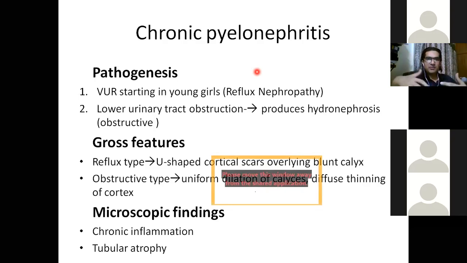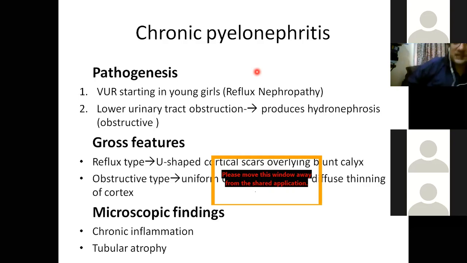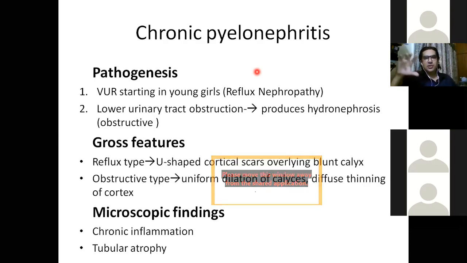So reflux nephropathy and obstructive uropathy also cause chronic inflammation and damage to the tubules, which is called chronic pyelonephritis. I just touch this topic because it would be included when you do obstructive uropathy and chronic pyelonephritis, which would be covered in separate lectures.